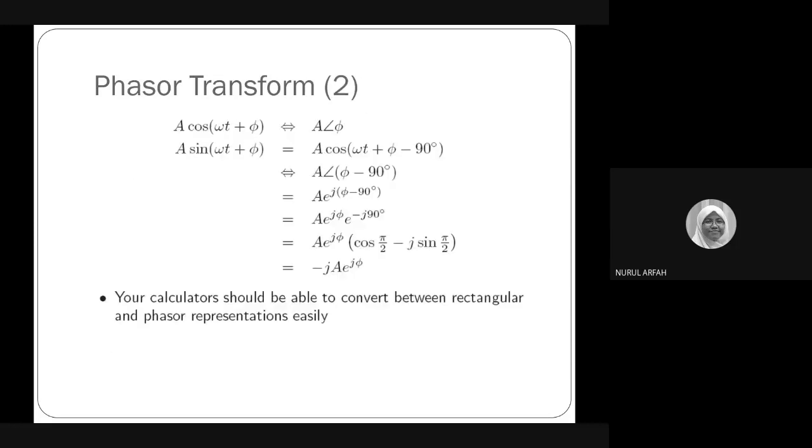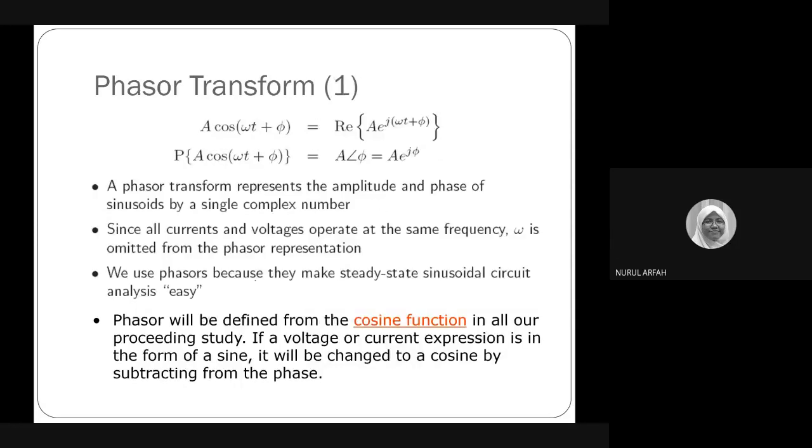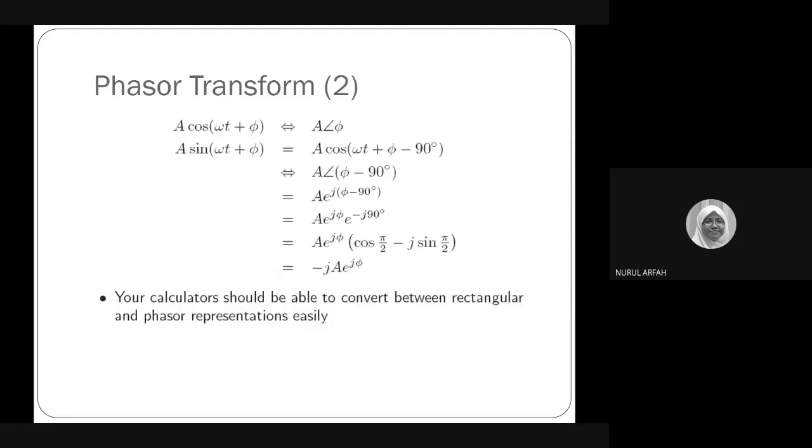Okay, so this part: cosine is easier than sine. So you better use the cosine function for this study. And this part is to show you how to get that polar form. If you have the cosine, you should use the amplitude and also the phase. That's why you have amplitude and phase.